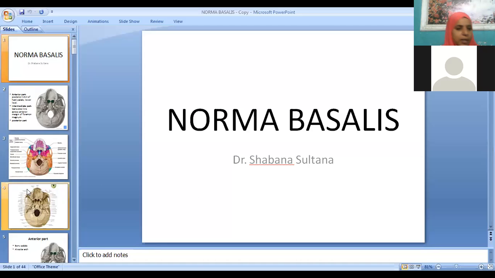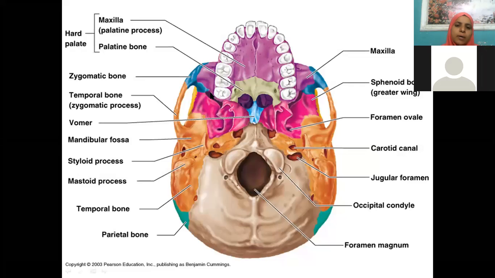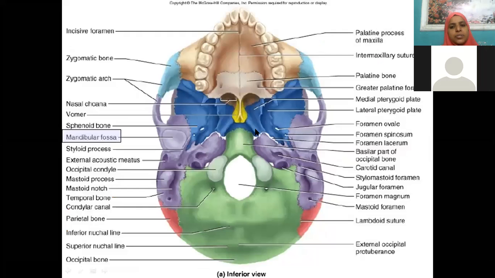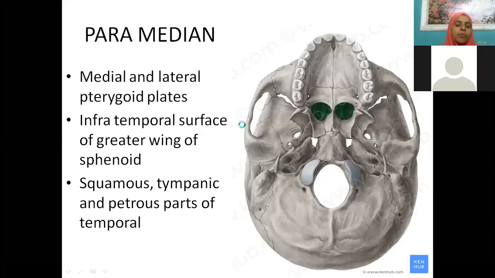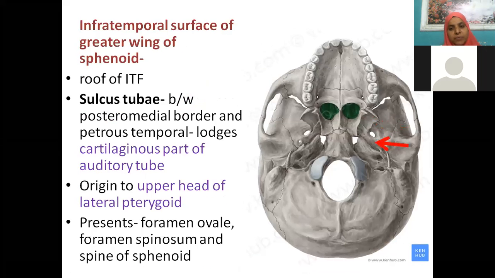Before I end, I would also like to tell you the structures passing through other foramina which we didn't discuss, like the superior orbital fissure. The superior orbital fissure gives passage to, remember, the third, fourth, fifth, and sixth cranial nerves.